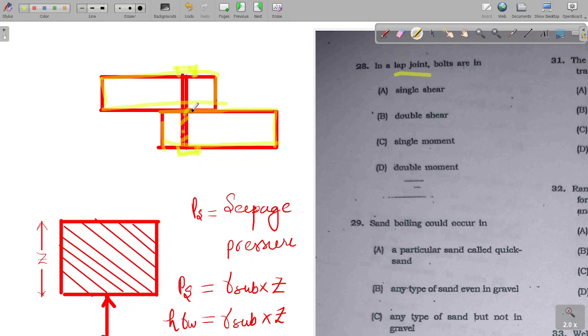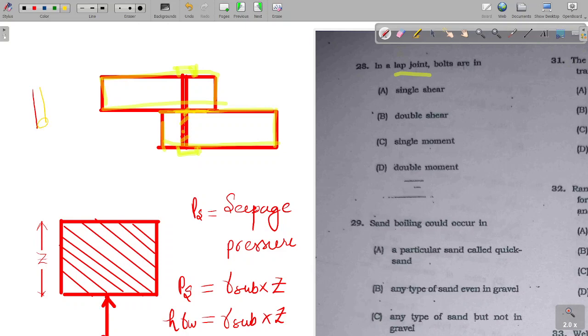It's asking about the number of shear planes. So what is a shear plane? A shear plane is where the bolt experiences shearing action or cutting action. Suppose this joint breaks from this plane, because the bolt has been cut into two parts.